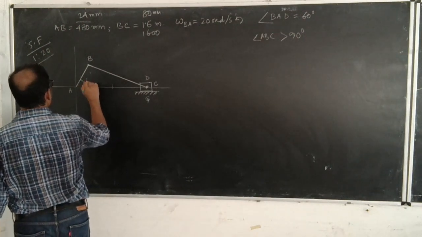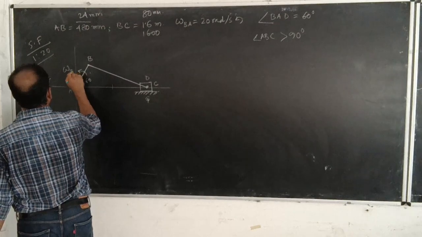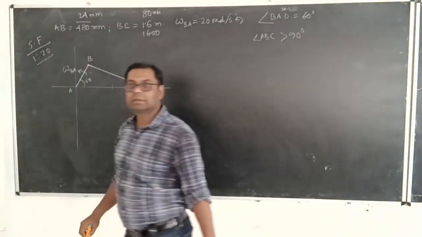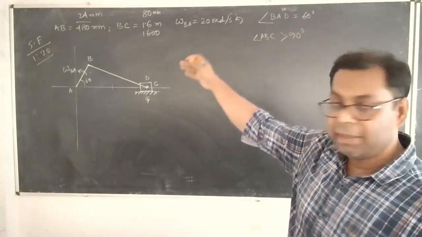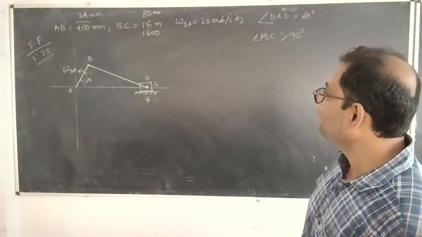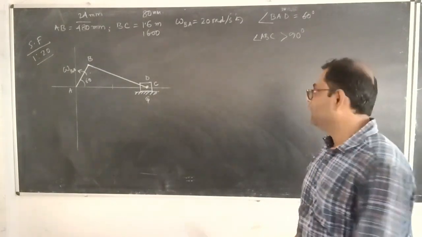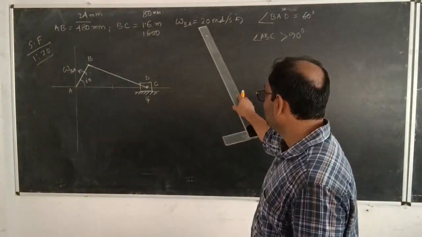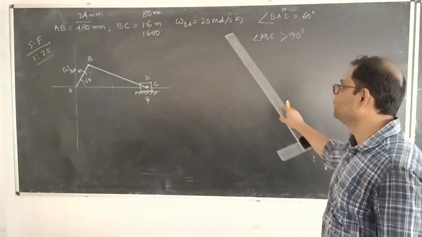This angle is 60 degree over here, and it is rotating with omega A, angular velocity in anti-clockwise direction. So AB is the crank, which is rotating in anti-clockwise direction with angular velocity omega A. What is the value of omega A? That is 20 radian per second in anti-clockwise direction.